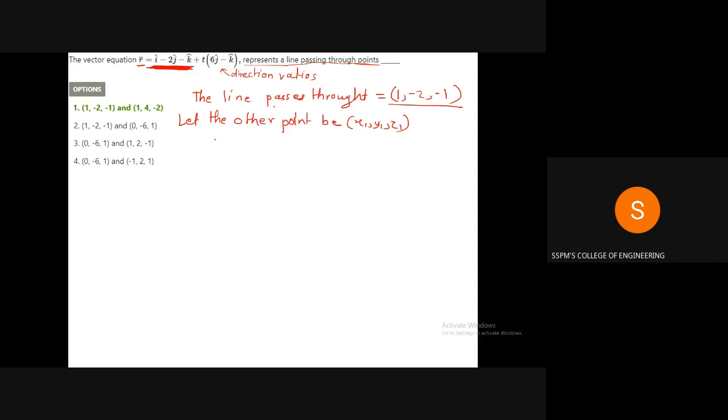So how can we calculate this? The direction ratios are already given in the example: 0, 6, minus 1. The i component is not given, so the x coordinate is 0. So 0, 6 and minus 1 are the direction ratios.